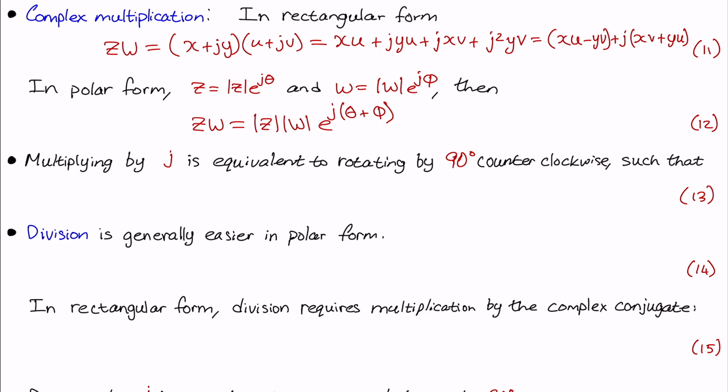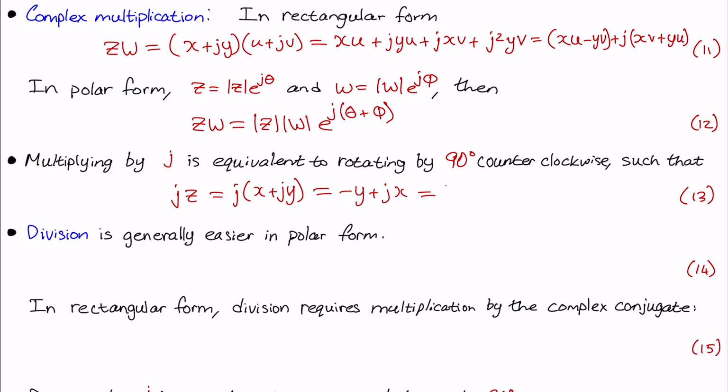If we multiply by the imaginary constant, this is equivalent to rotating by 90 degrees counterclockwise, such that if we have j times z, it'll be equal to j times x plus jy, which is equal to minus y plus jx.